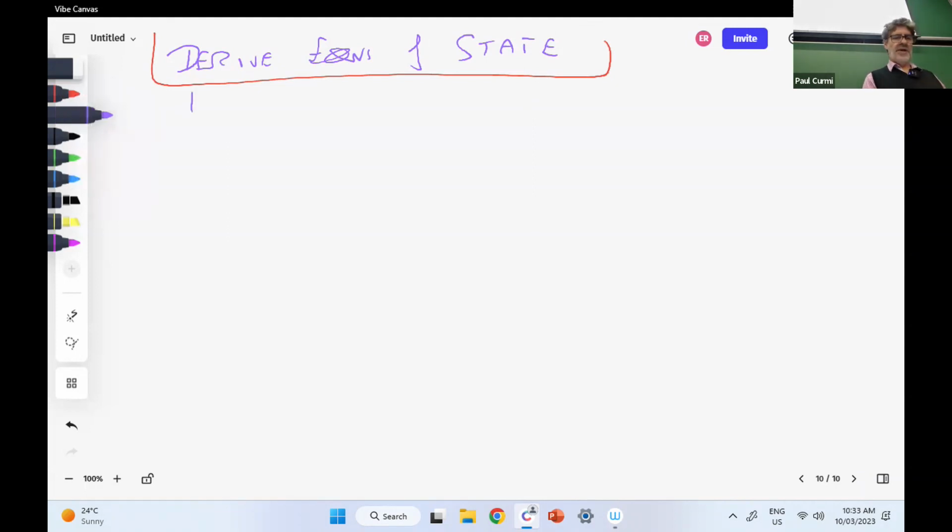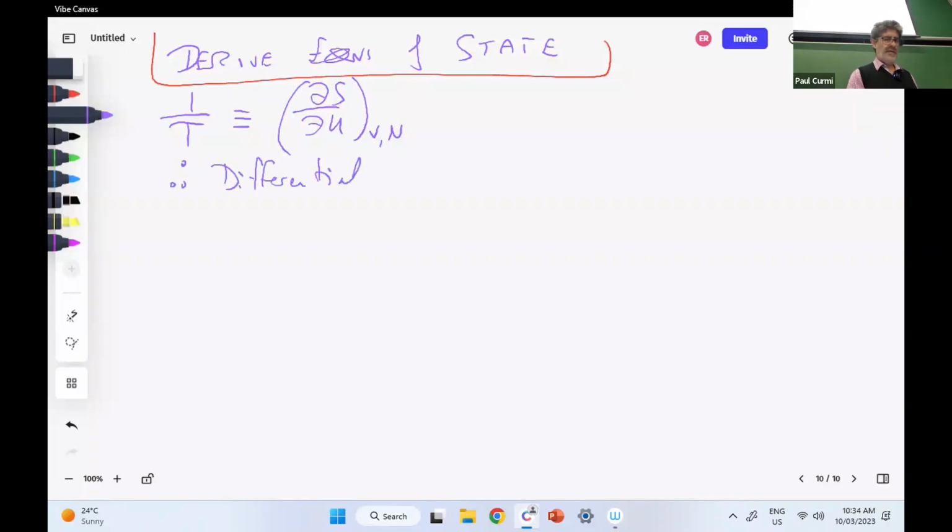I can write 1 over temperature is defined as dS/dU at constant V and N. So I differentiate S, which this time is a function of U, N, and the magnetic field B, and I'm going to ignore the first term.